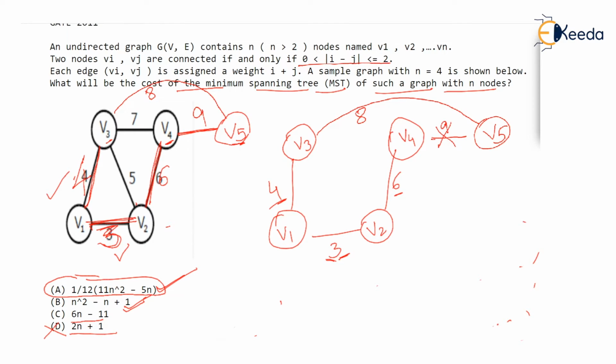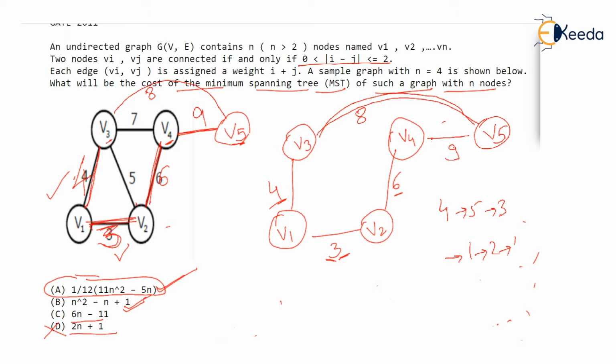After connecting 3 and 5 with a weight 8, you will not connect 4 and 5, because if you connect 4 and 5 with a weight 9, there will be a cycle. Check out that. Go from 4 to 5, 5 to 3, 3 to 1, 1 to 2, and 2 back to 4. There is clearly a cycle here, so you can't add this.